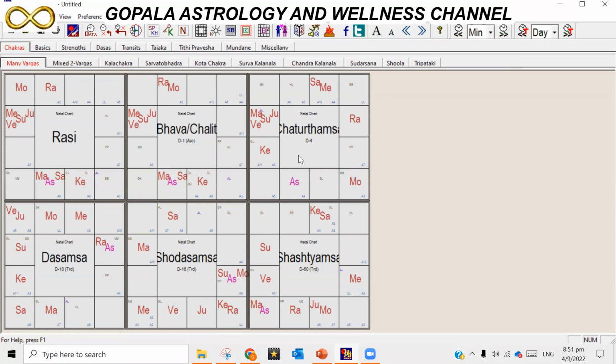This is what he is born with, and this is what he's going to create. That is why I always see D4 and D16 side by side. So you are born with this, but you are going to convert it and make it this one. Correct? Making sense? Yes. So look at what is happening to the 7th house. You have Mars. The 7th house is other people.